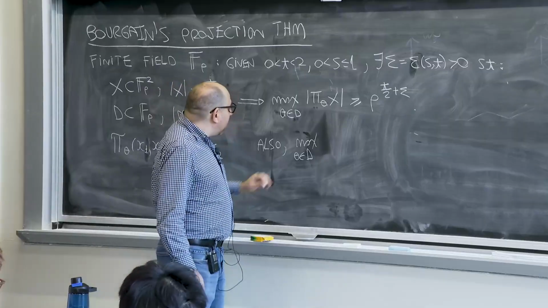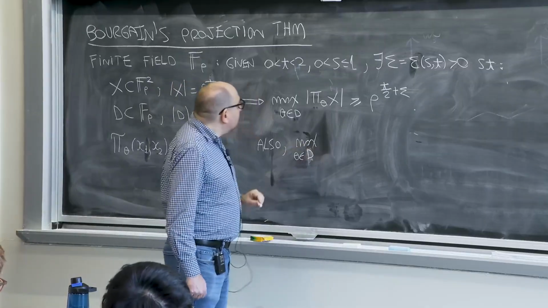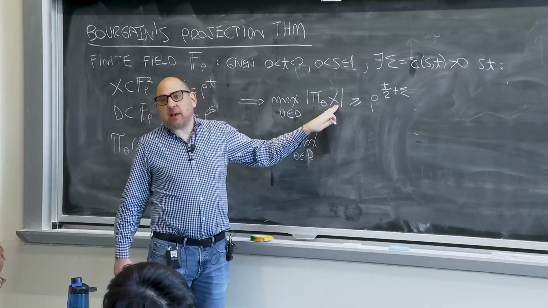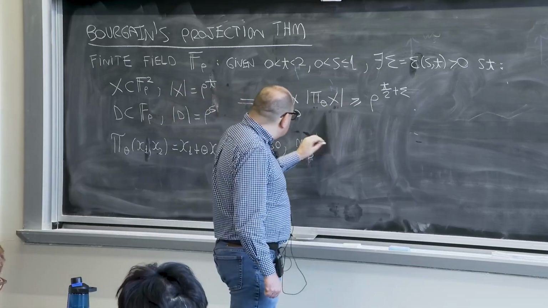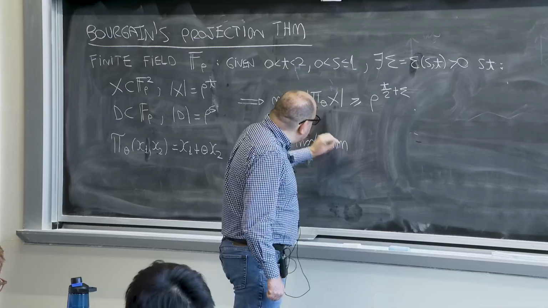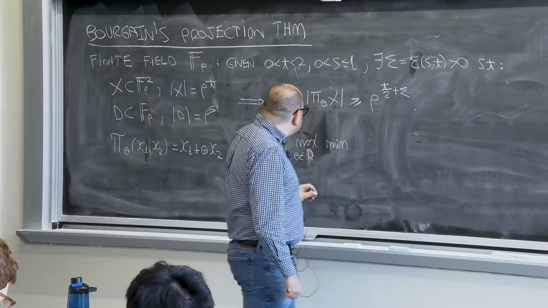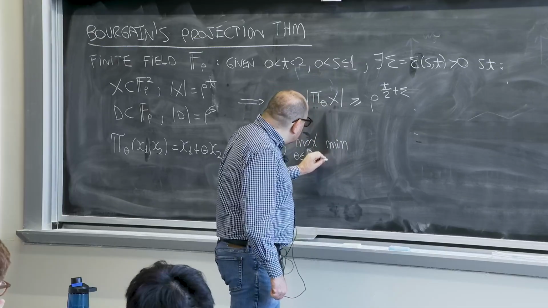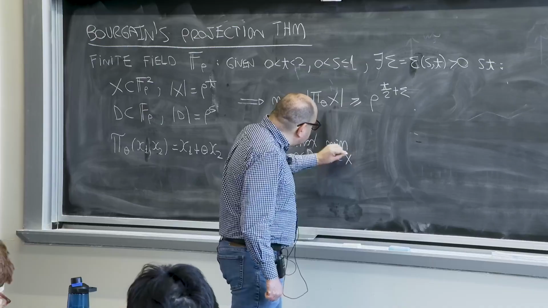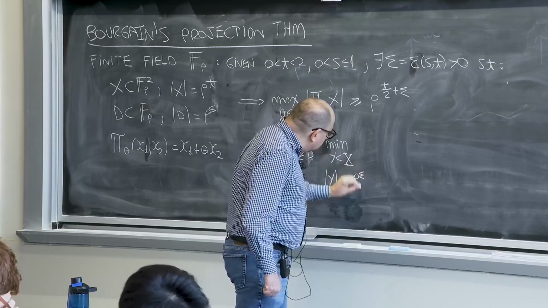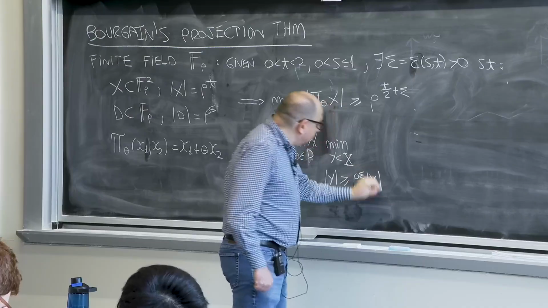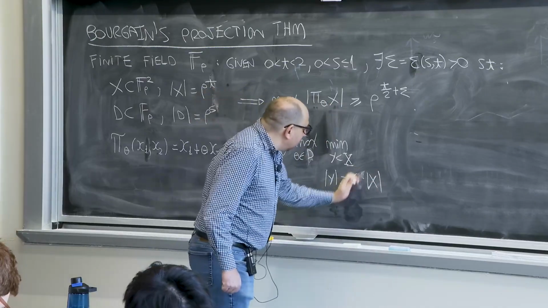But moreover, we can find the direction so that if we project any dense subset of X, the projection is still large. So if we take the maximum over, now the minimum, so we look at the worst possible subset, which is dense. So we take the minimum over subsets of X which are dense in the sense that they have relative density p to the minus epsilon.